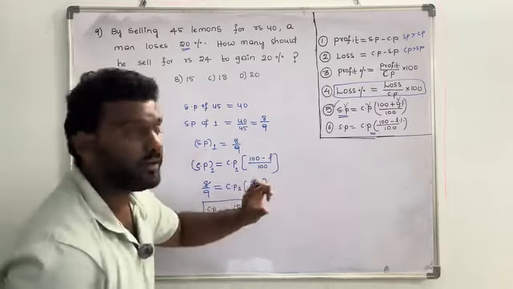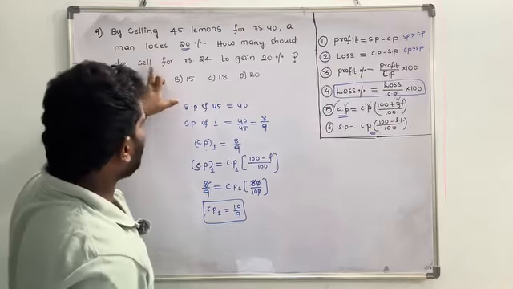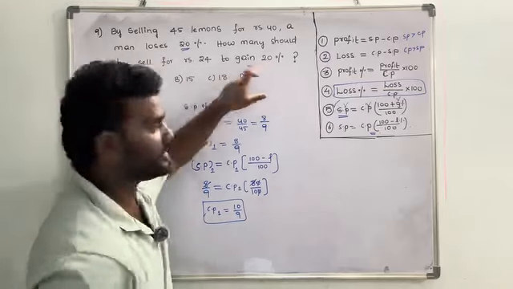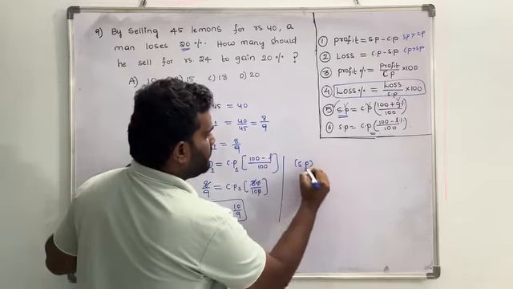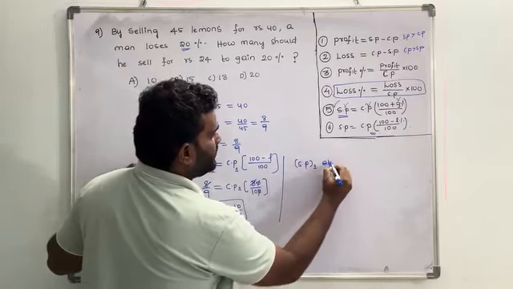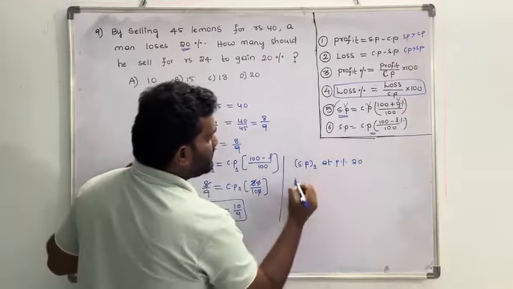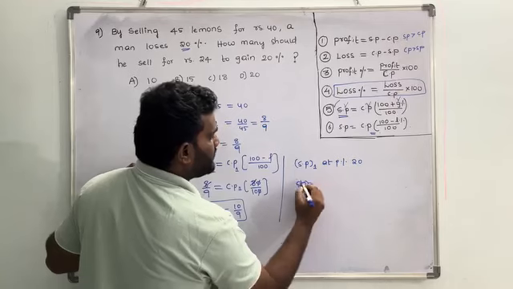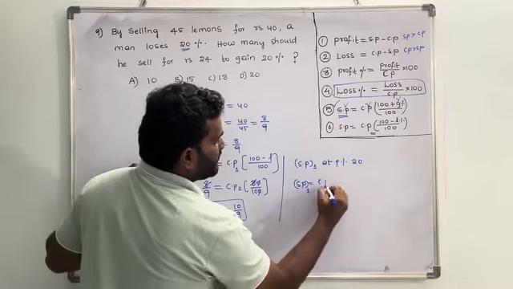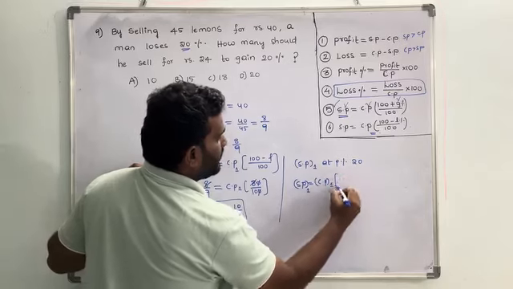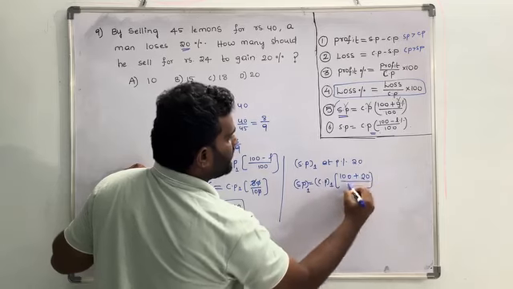Now what you have to find is the selling price of 1 lemon at a gain of 20%. What is the formula? Selling price is equal to cost price of 1 times 100 plus 20 by 100.